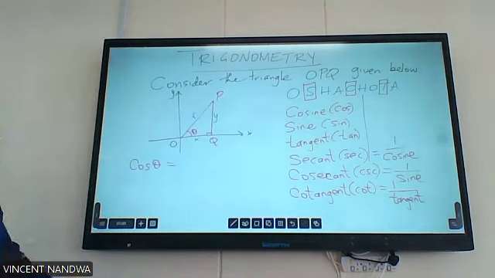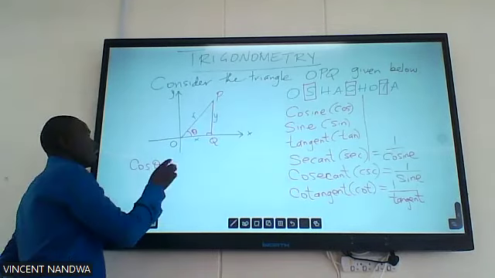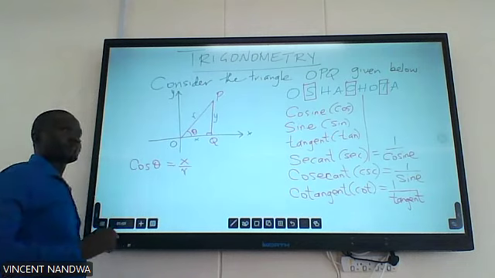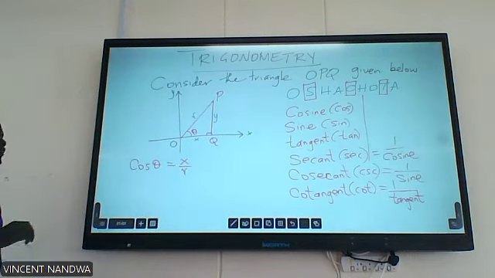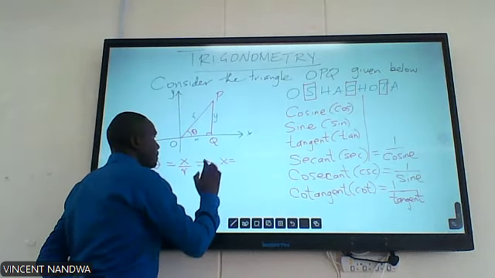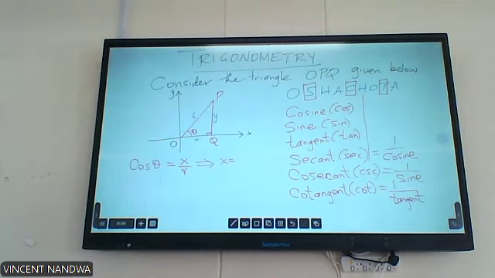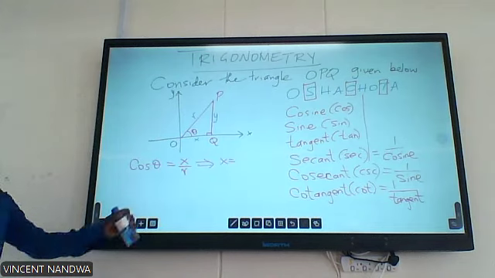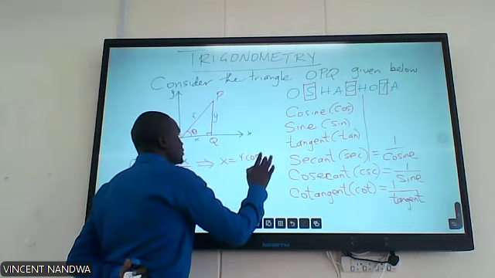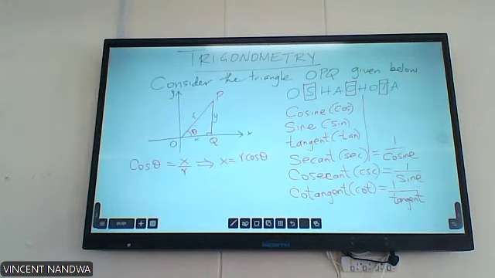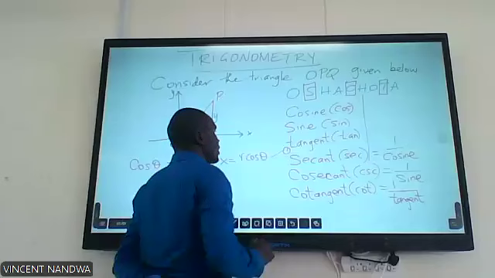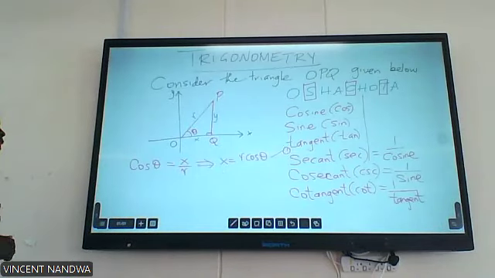So with respect to this triangle, adjacent is x, hypotenuse is r, which means x is r cos theta. Call this relation one.